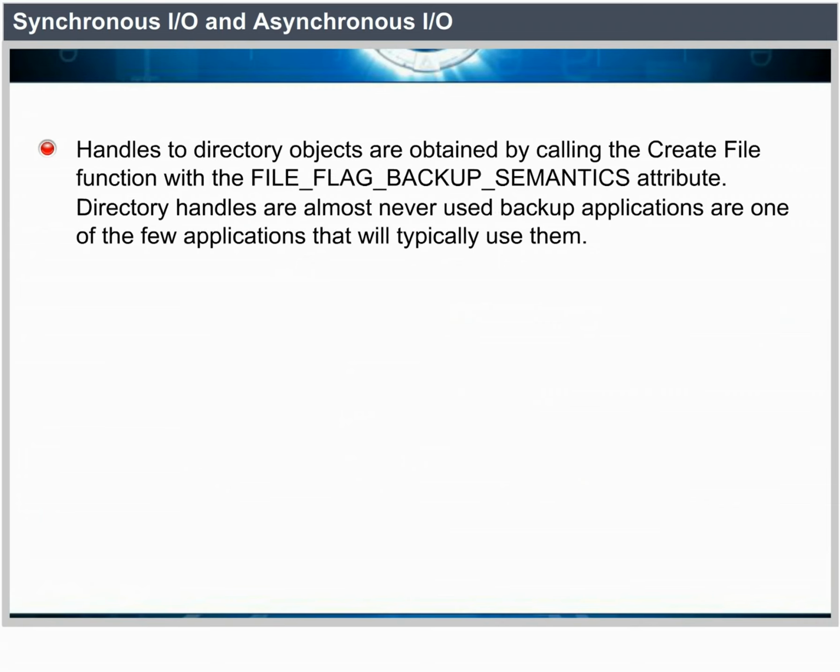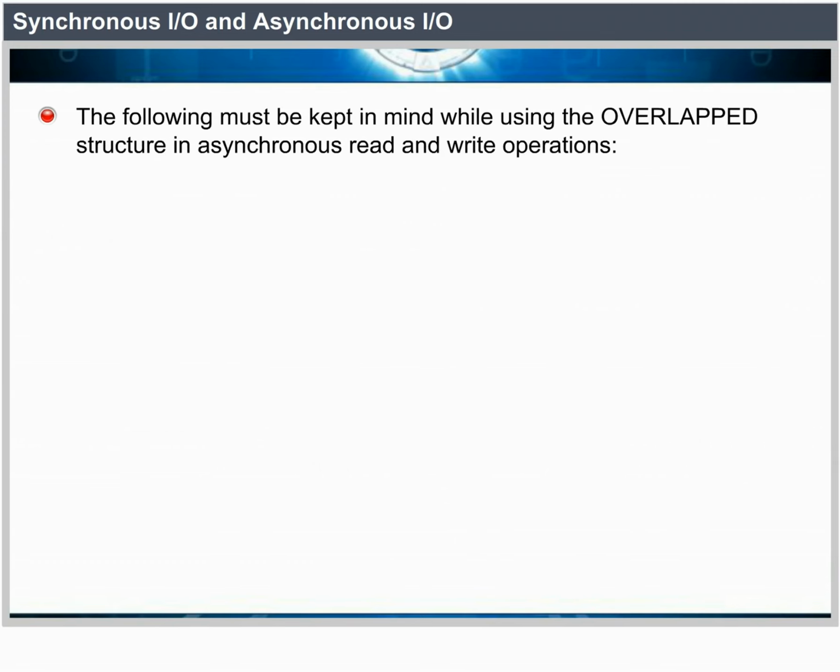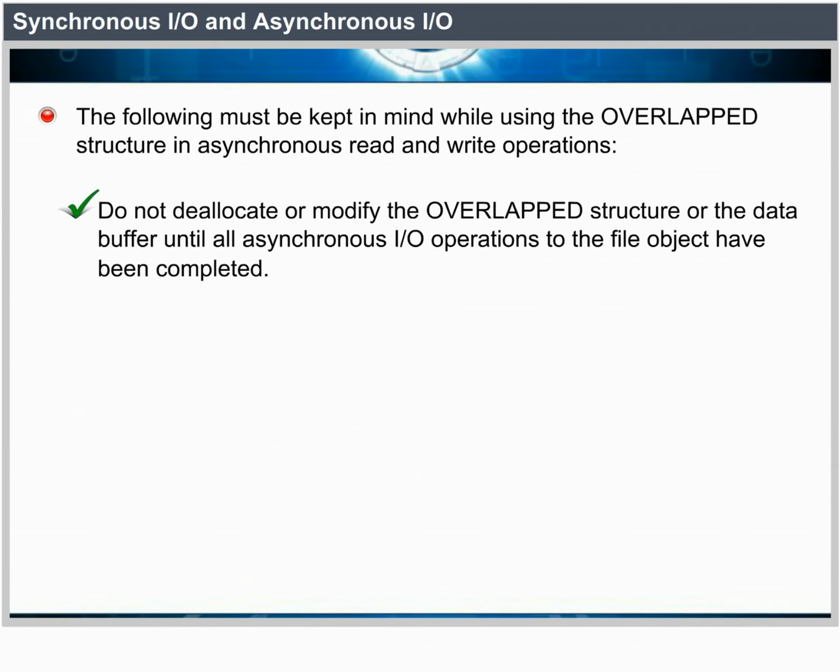After opening the file object for asynchronous input-output, an overlapped structure must be properly created, initialized, and passed into each call to functions such as read file and write file. Keep the following in mind when using the overlapped structure in asynchronous read and write operations. Do not deallocate or modify the overlapped structure or the data buffer until all asynchronous input-output operations to the file object have been completed.